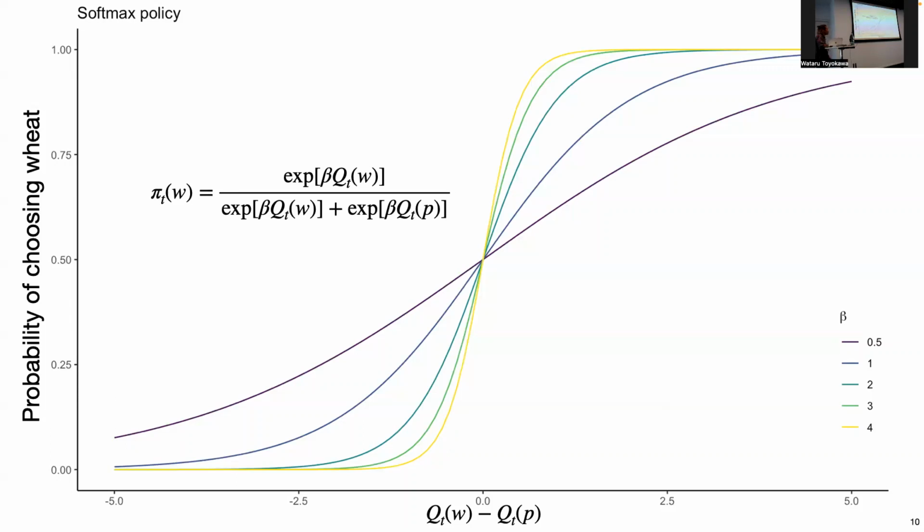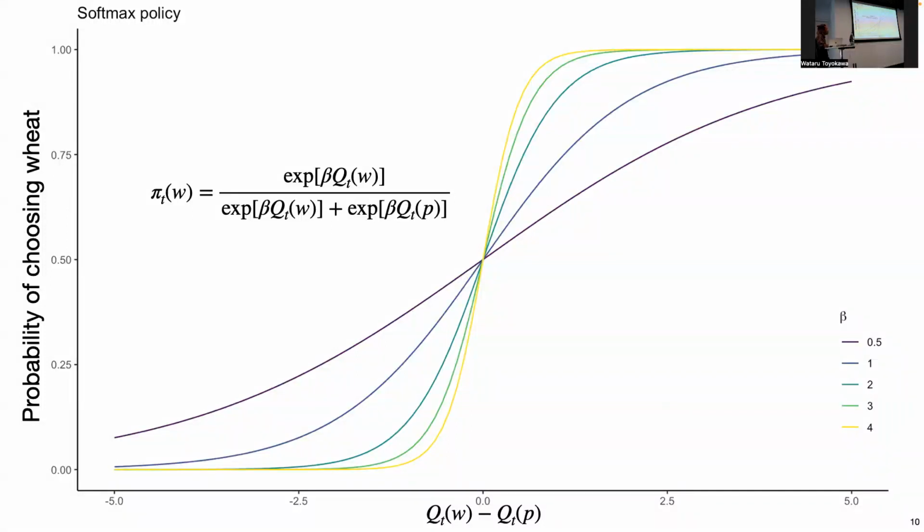Whereas when beta is relatively small, the S shape is not really steep. So you still have some chance to choose the non-preferable option, even though you have a very strong preference in terms of Q value.